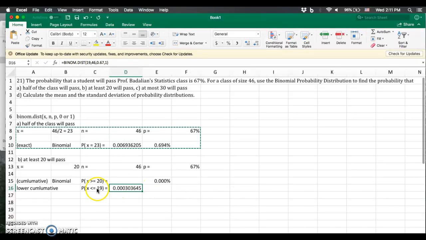But this is the cumulative for the P of X less than or equal to 19. It's not the one we're looking for, X greater than or equal to 20, at least 20.